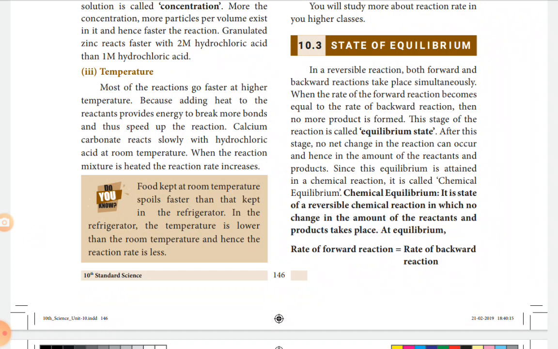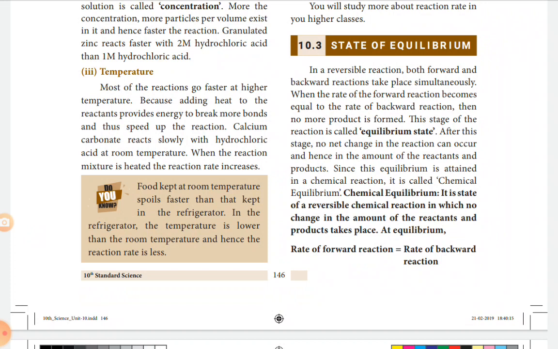So on heating the reactant, the rate of the reaction will be increased because the energy supplied helps to break more bonds and speed up the reaction.